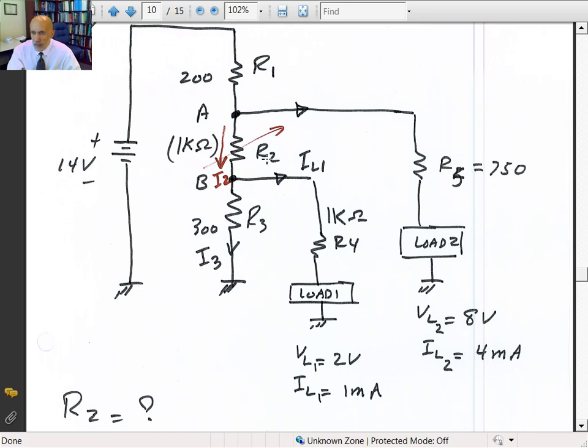You have an adjustable resistance here. It's a 1K ohm. It could be a potentiometer with point B and C or A and C connected. You want to vary that such that the load 1 runs at its rated value. Rated value is equal to 2 volts, and I of L is equal to 1 milliamp.